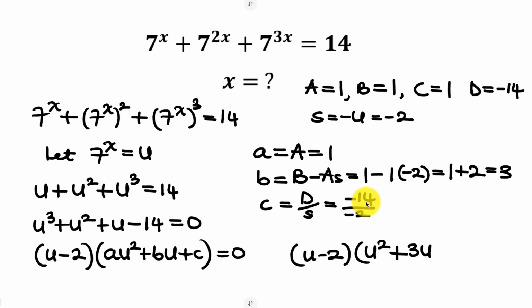So negative 14 divided by negative 2 is 7. So this is going to be plus 7. Very good. So this is the factorization of this cubic equation. And let's equate this to 0. So this is equal to 0. Very good. This is a very nice method to find the factors of cubic equation.